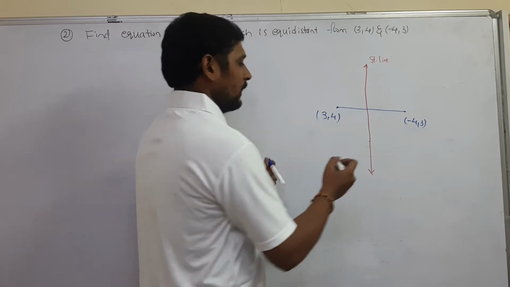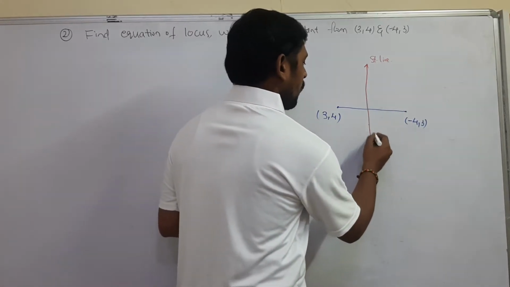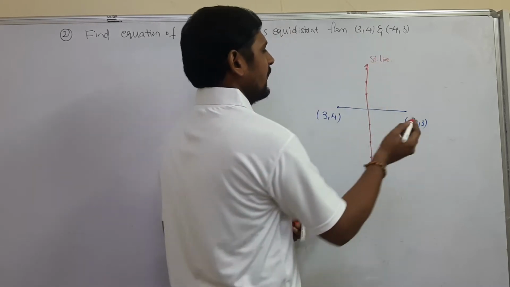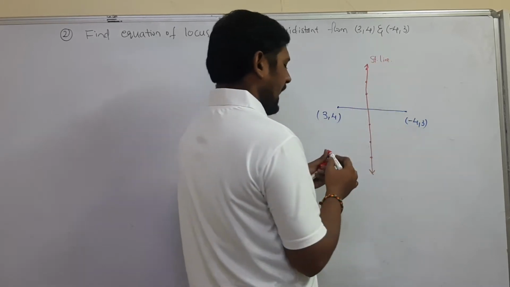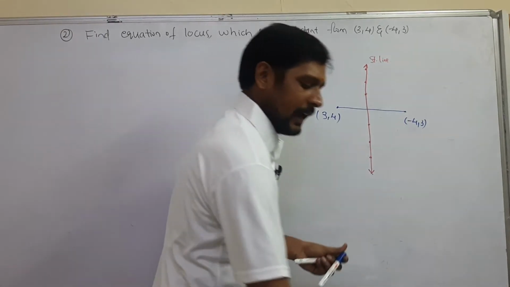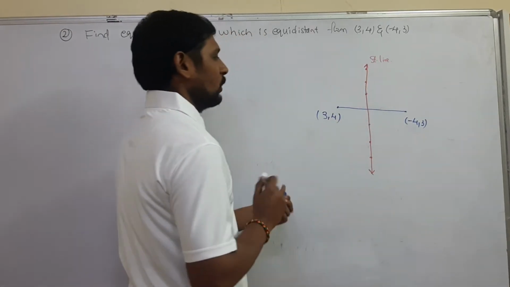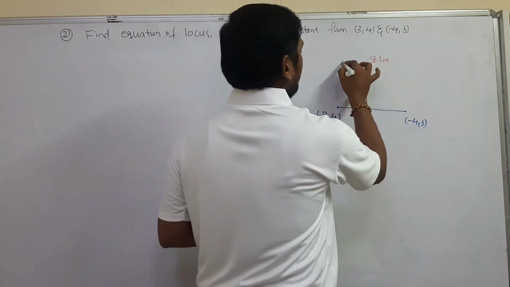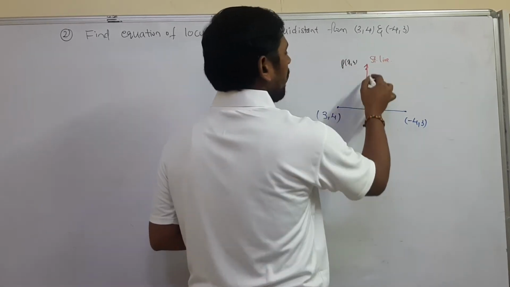But out of these many points, as in the previous problem I said, take one of the points as x comma y. So let us take, out of these many points, one point as x comma y.